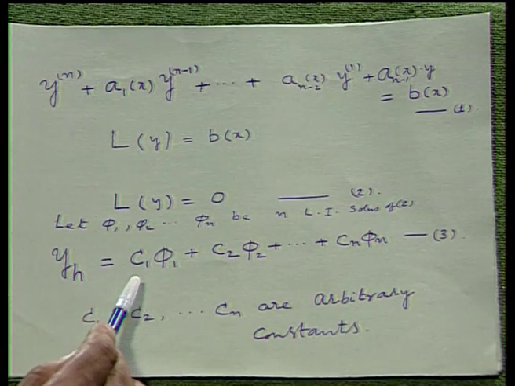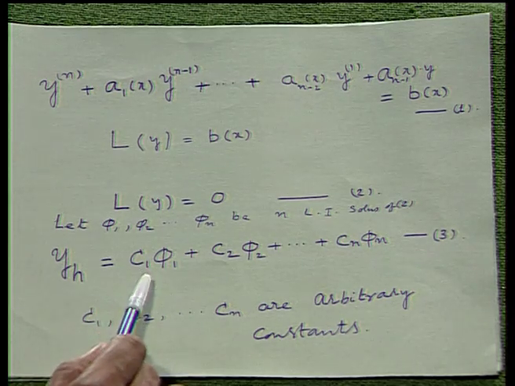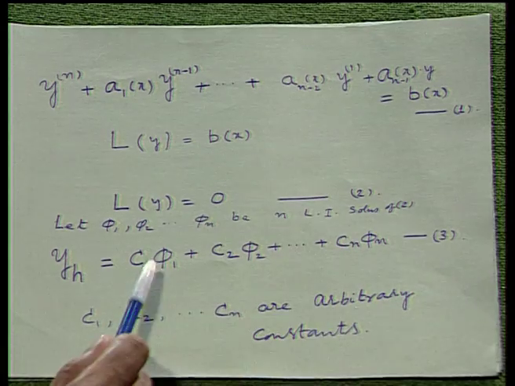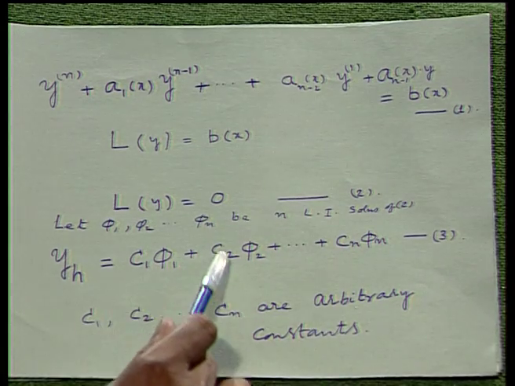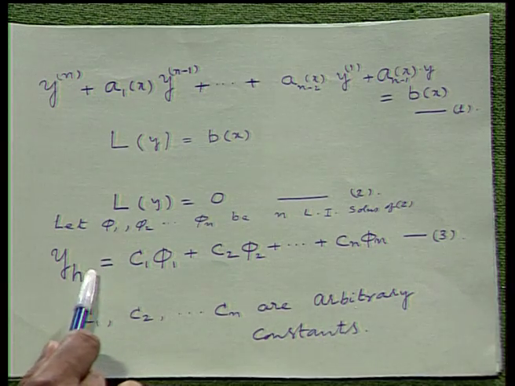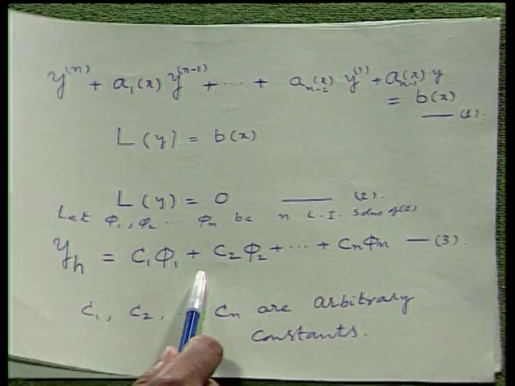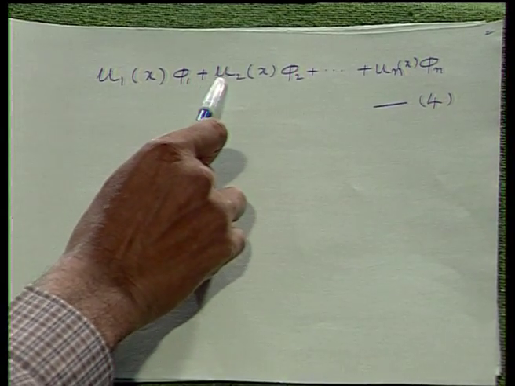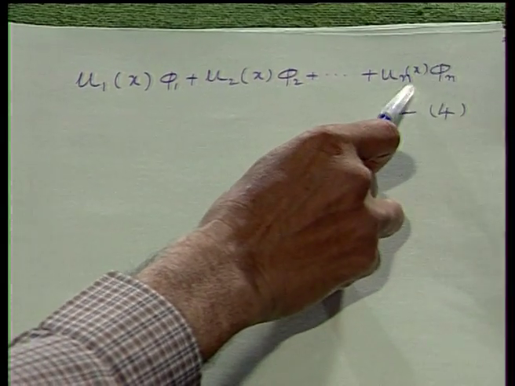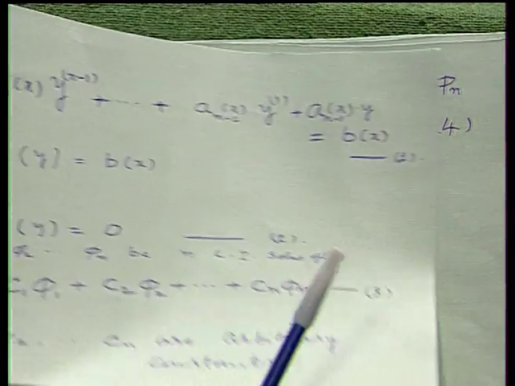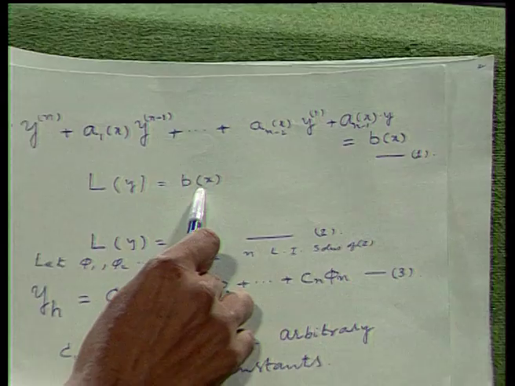Now, the question is, can we allow these parameters or the constants to be functions of x, so that this expression with these functions, that is u 1(x) phi 1 plus u 2(x) phi 2 etcetera u n(x) phi n, is a solution of the differential equation L y equal to b(x)?